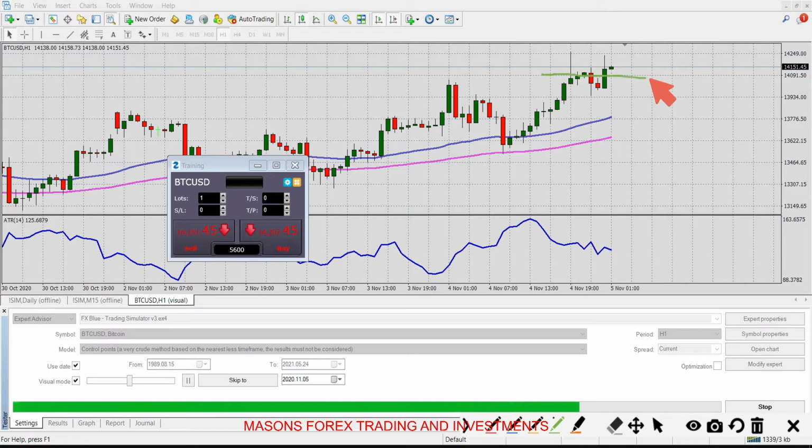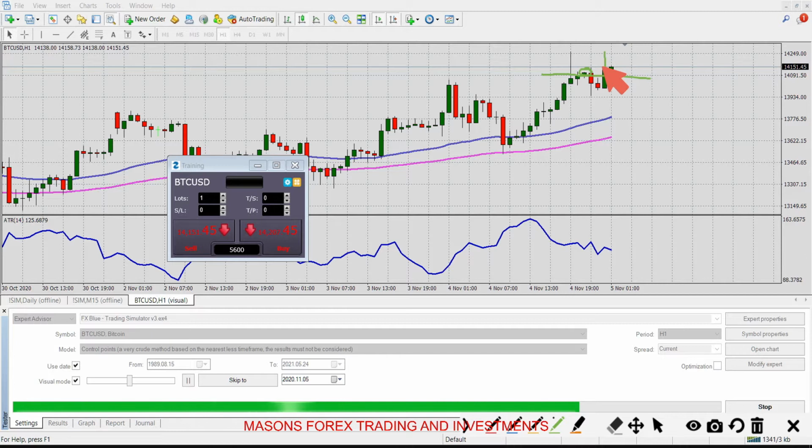Price breaks above this level here with this green candle here. So it could be a signal to enter, but for me personally, I wouldn't take the trade because I see this rejection bar here.